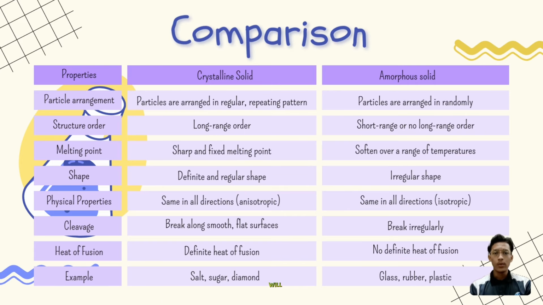Crystalline solids break along smooth and flat surfaces, while amorphous solids break irregularly. Crystalline solids have definite heats of fusion, and amorphous solids have no heat of fusion. Salt, sugar, and diamonds are examples of crystalline solids, and glass, rubber, and plastics are examples of amorphous solids.